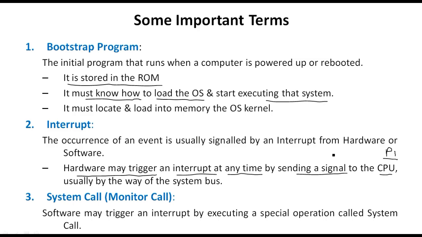Now when a higher priority process P2 enters, the hardware interrupts the CPU, P1 stops for a while, and P2 gets the CPU. It means that you are interrupting, right? Assume that you are working or reading something and somebody knocks on your room door.